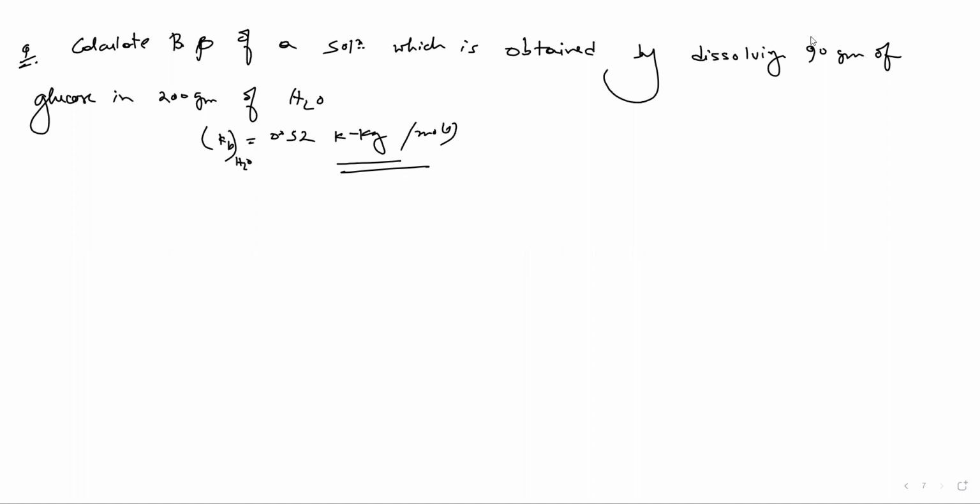Completed this one. Now look, formula is del TB equals i into Kb into m. Now glucose is C6H12O6. In this case, no dissociation, no association. That means i value is 1.